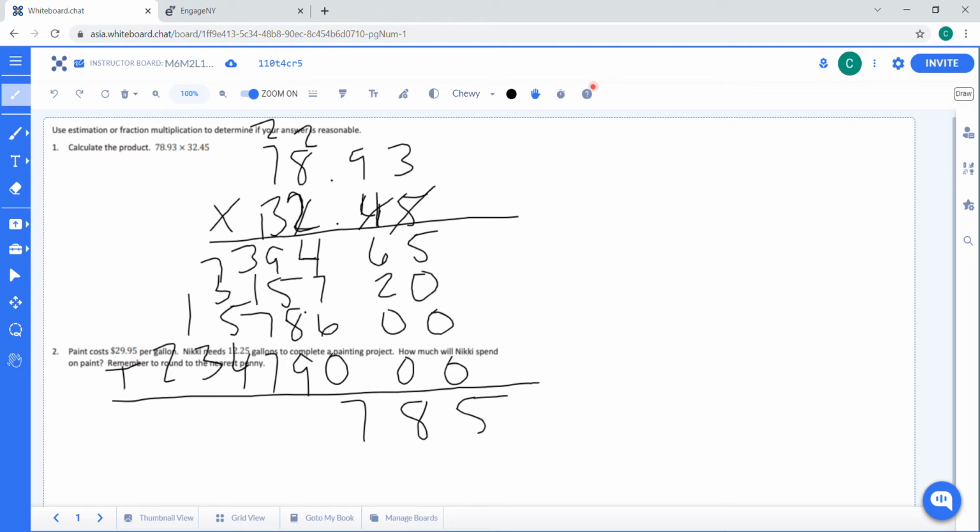Let me do that again. 10, 15, 23, and 9, 32. Okay, 3, 6, 7, and 7 is 14, and another 7 is 21. 2, 3 is 5, 5 and 5 is 10, 14. 1 and 1 is 2, 3 is 5, and 2.